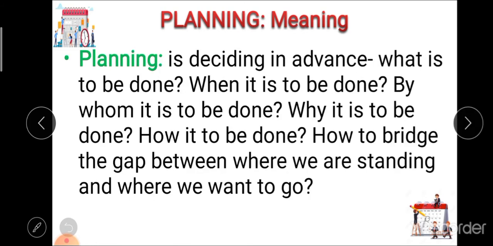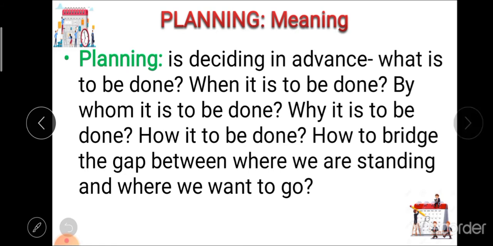Another meaning of planning is deciding in advance what is to be done in future, when it is to be done, by whom it is to be done, why it is to be done, and how it is to be done, and how to bridge the gap between where we are and where we want to go. The answer to all these questions is nothing but planning. Whatever we decide related to these questions is known as planning.